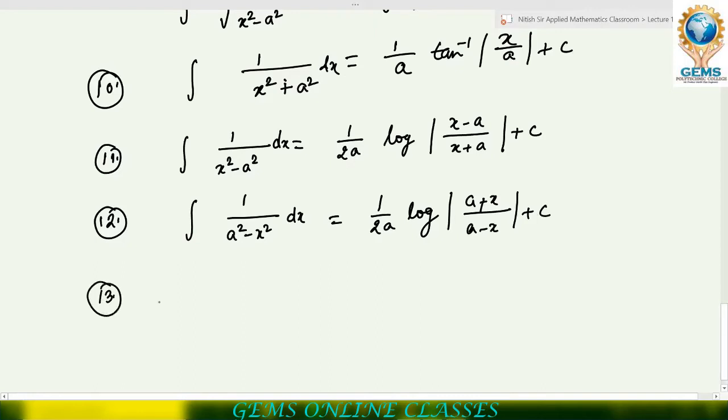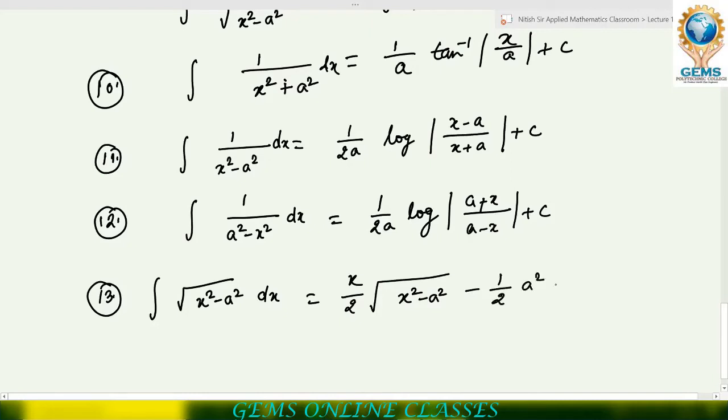13 is integration of root under x square minus a square dx equal to x by 2 root under x square minus a square minus 1 by 2 a square log x plus root under x square minus a square plus c.